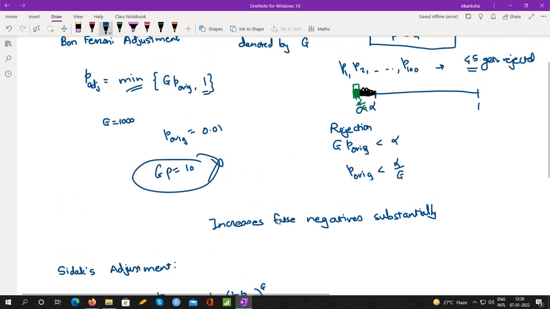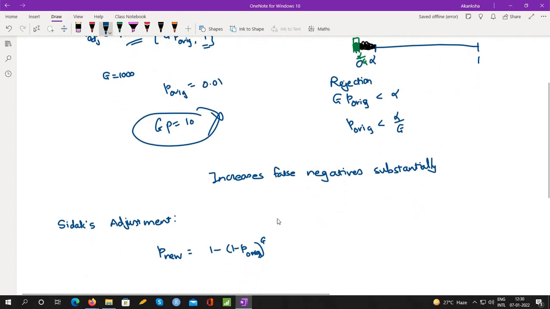Ma'am, note that (1 minus p original) to the power g is decreasing a bit faster, and thus it will be very small, and subtracting it from 1 will make the quantity larger than the above one.